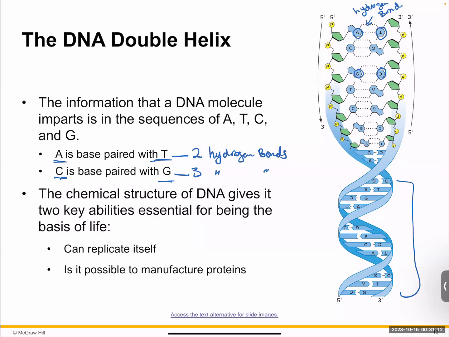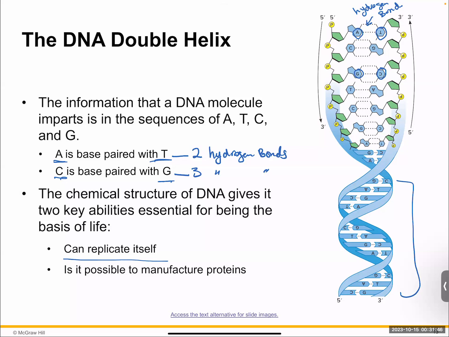Now, the structure of the DNA gives us the ability to create life, essential for our ability to continue creating offspring and passing that genetic information forward. The essential abilities, again: one is that it can replicate itself, which means you can pass that genetic information on to the next generation, or you can replicate the cell by using that genetic information.